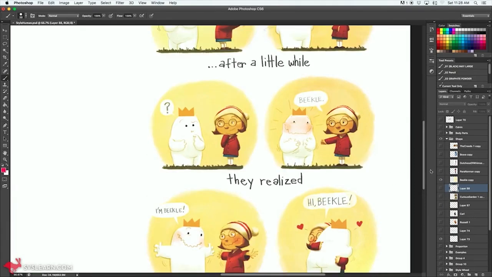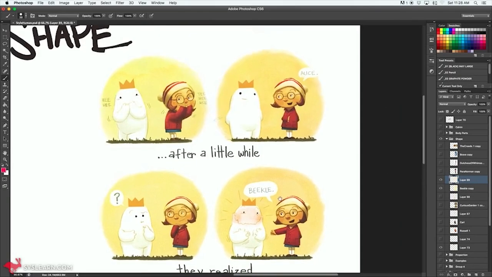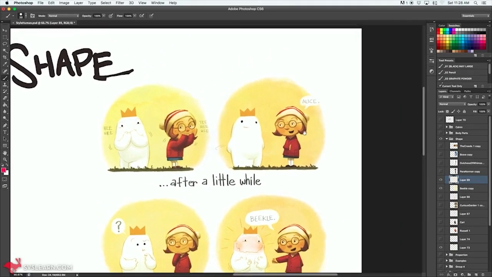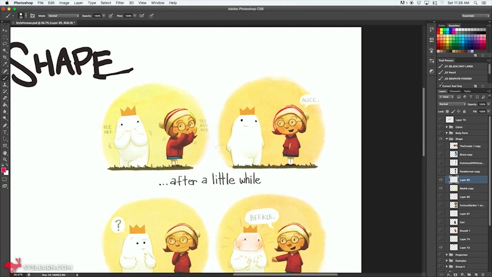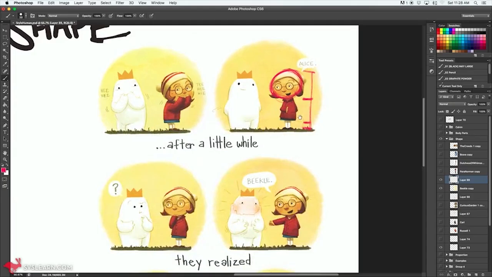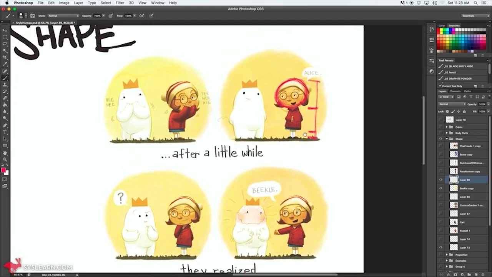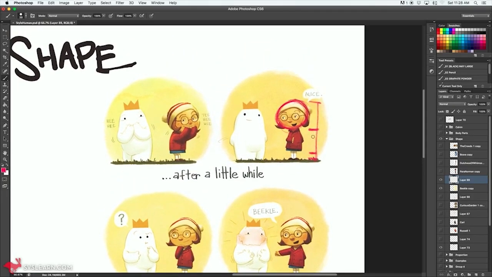Here we have Dan Santat's character from Beagle. I'm just going to do a little draw over on her. You look at her proportions. She's got this big round head, and she is like 2 heads and a little bit, right? Basically, it's maybe a 2.5 head character.